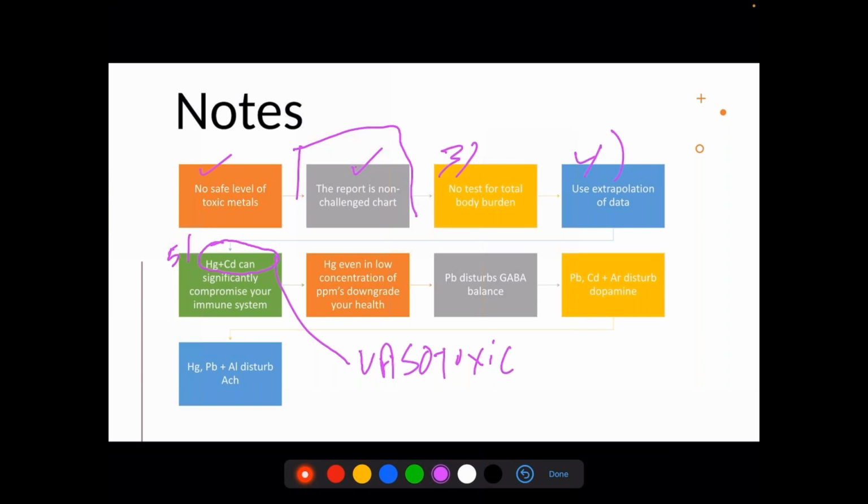Be aware also that even mercury, we talked about lead before, even low concentrations in parts per million will downgrade your health. We're talking not only neurologically, we're talking immunologically as well. So these two are pretty much watch-fors. Now, of course, if you have lead, it does disturb the GABA balance.